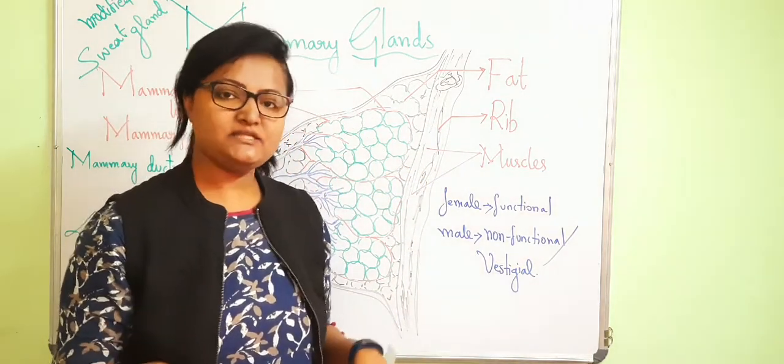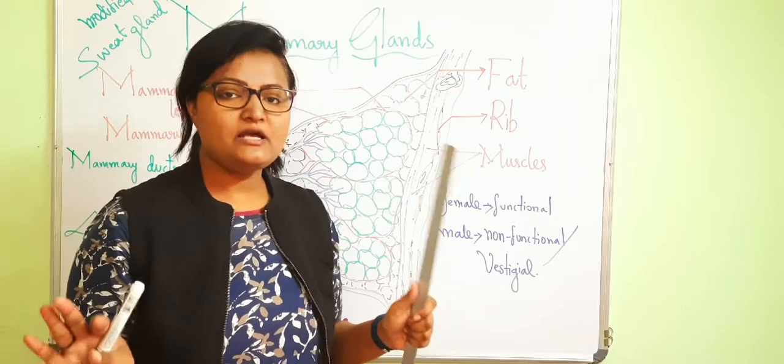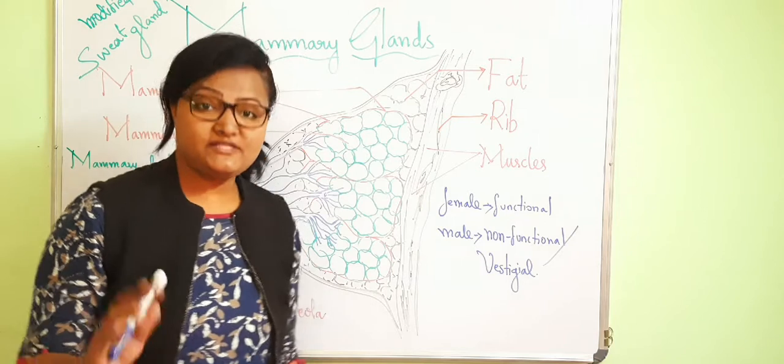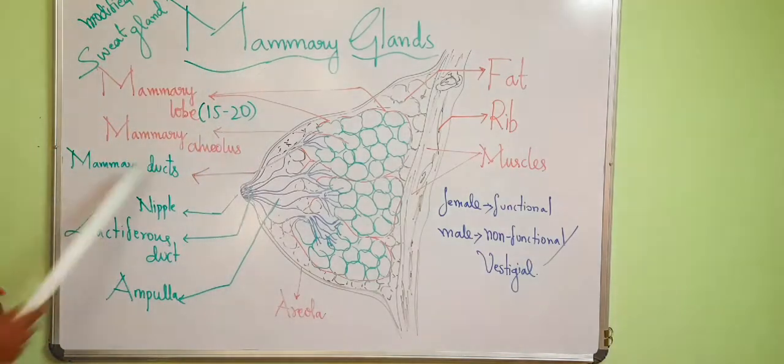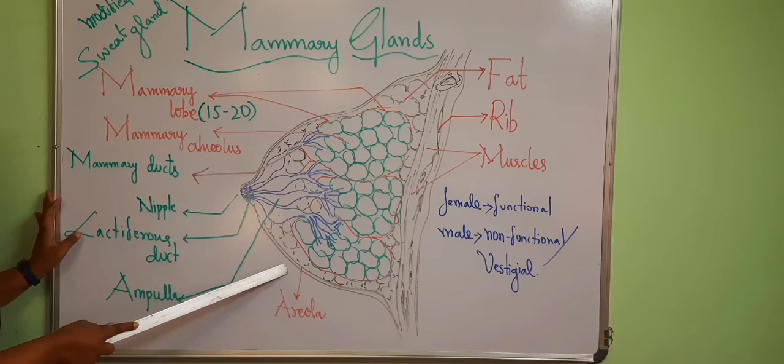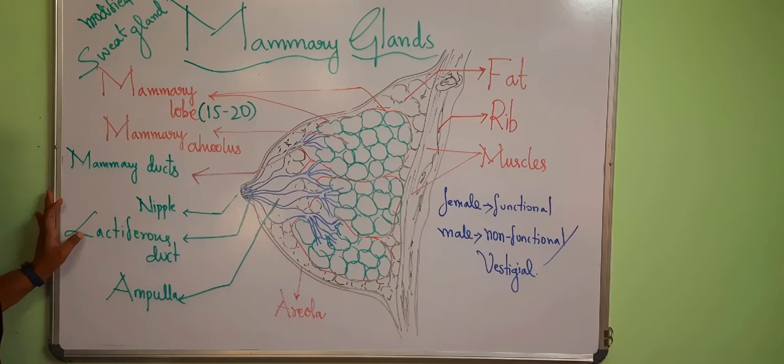They will be present in our body, but are non-functional. Such organs or structures we call vestigial. In females it is functional, and helps to secrete milk during the lactation process.